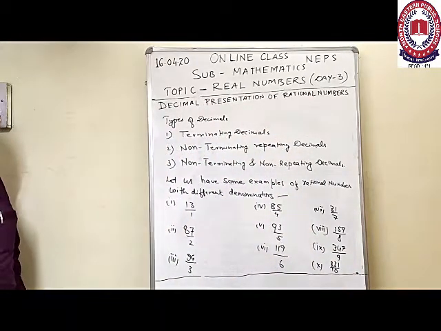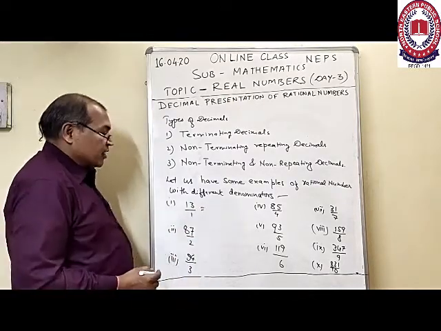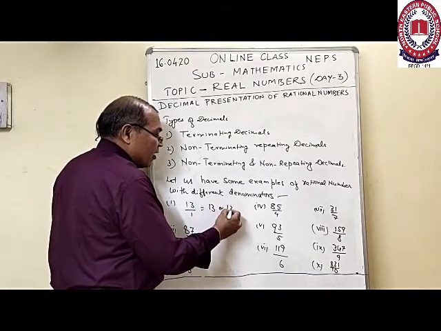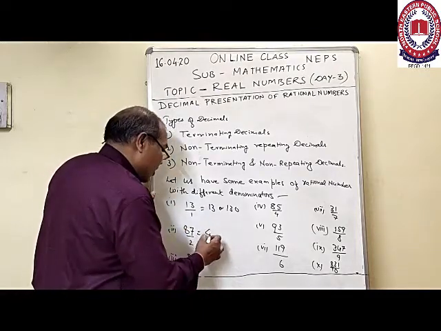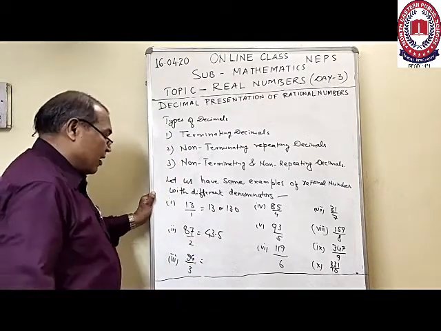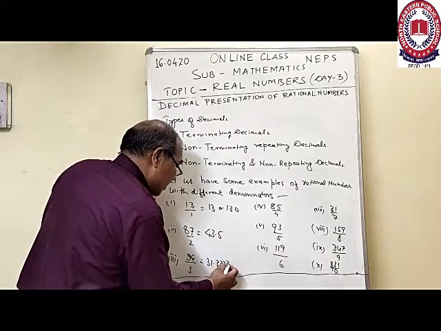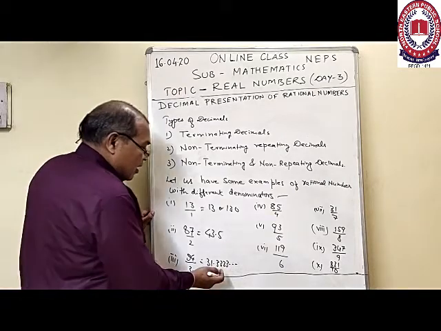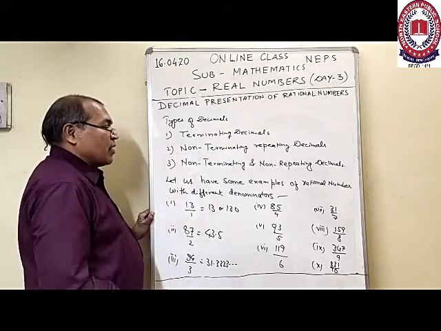With these examples, we can find their decimal representations. 13/1 can be written as 13 only, or as 13.0. 87/2 can be written as 43.5. 94/3 can be written as 31.3333, and this will continue, meaning the decimal digit 3 repeats any number of times.